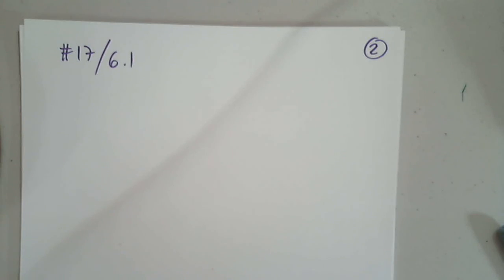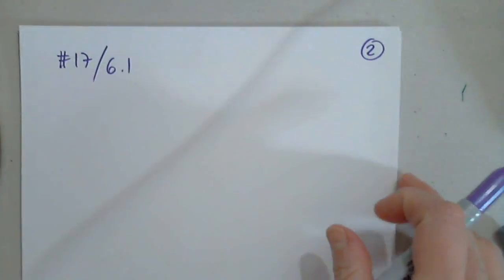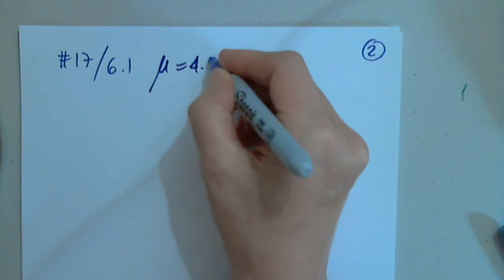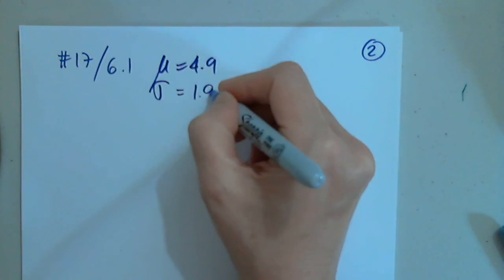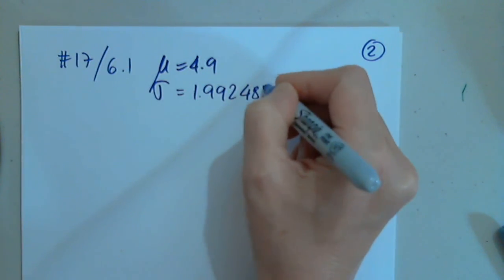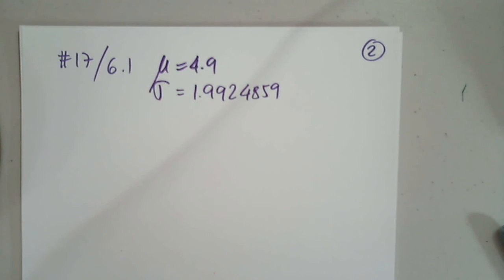Okay. So I'm going to copy. I got mu to be 4.9 and the standard deviation to be 1.9924859. Okay. Round to the nearest tenth as needed. So it will be 4.9.